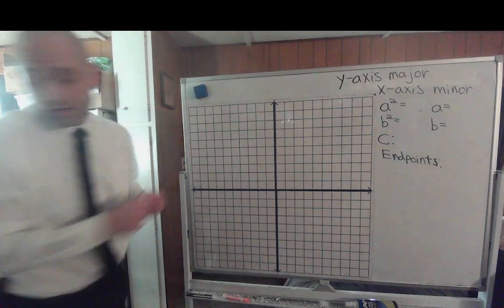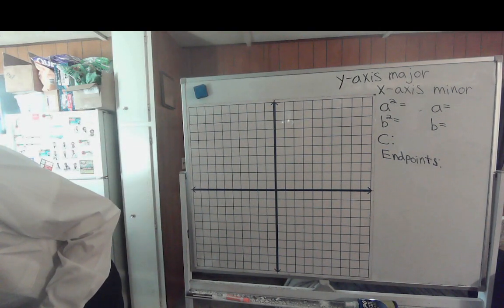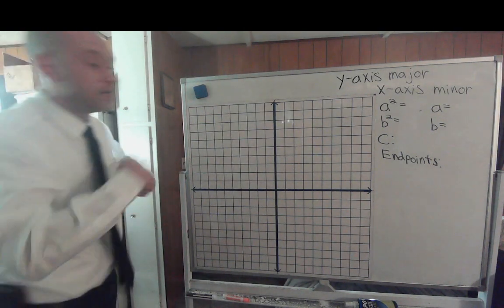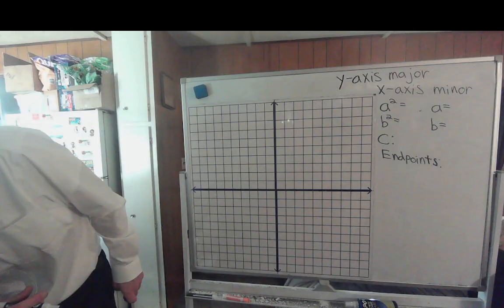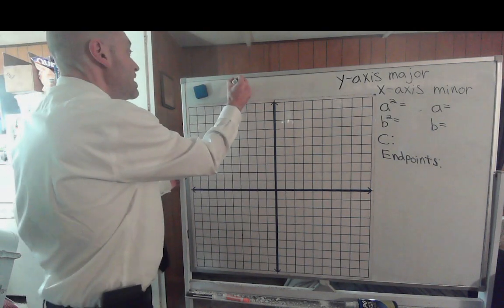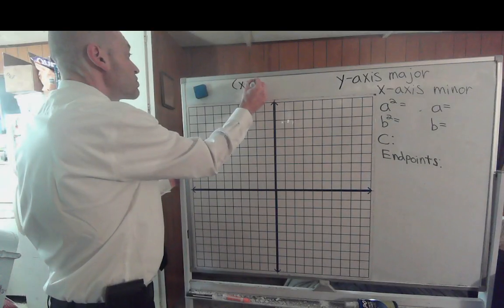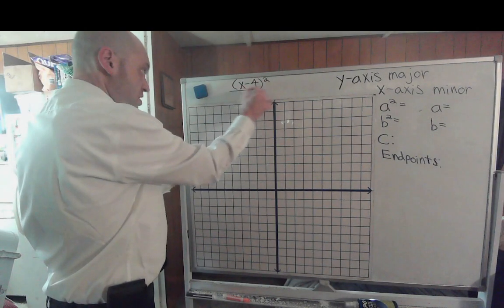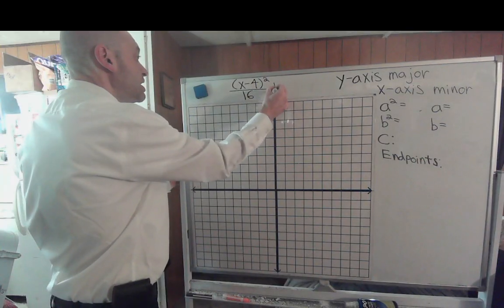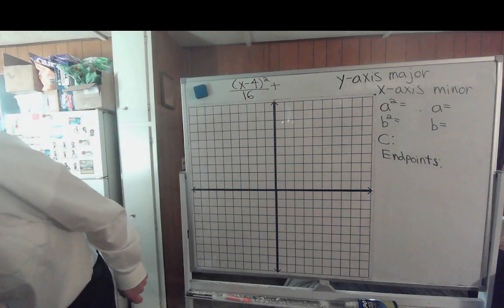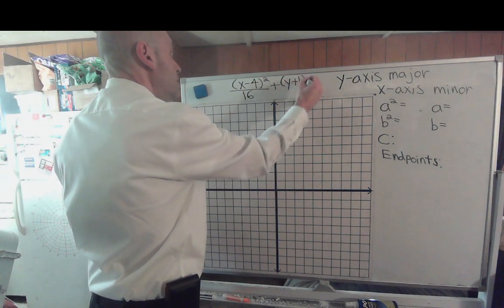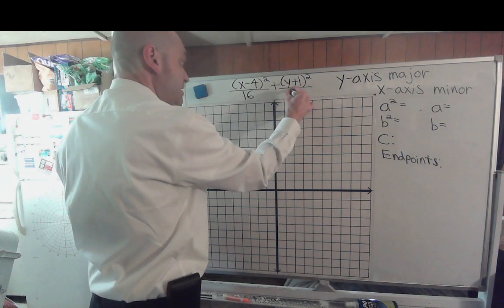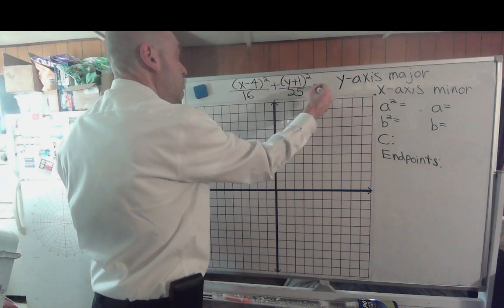Now, let's start with our first one. No, that's still at the origin. Good one. So we have x minus 4 squared all over 16 plus the quantity of y plus 1 squared all over 25 is equal to 1.